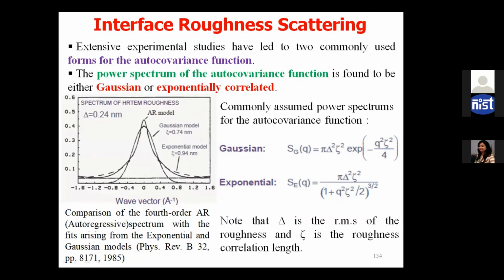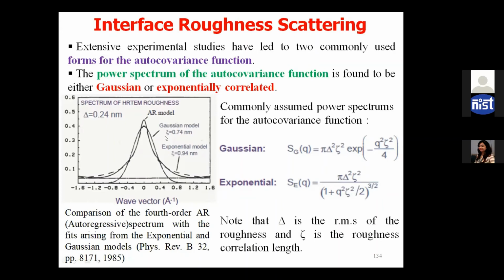So normally in our analysis, we assume that the autocovariance function is a Gaussian function, which is given by this one. Here delta is the RMS, root mean square value of the roughness, and zeta is the roughness correlation length. So in the Gaussian model, at the interface, the roughness is estimated as Gaussian in nature.